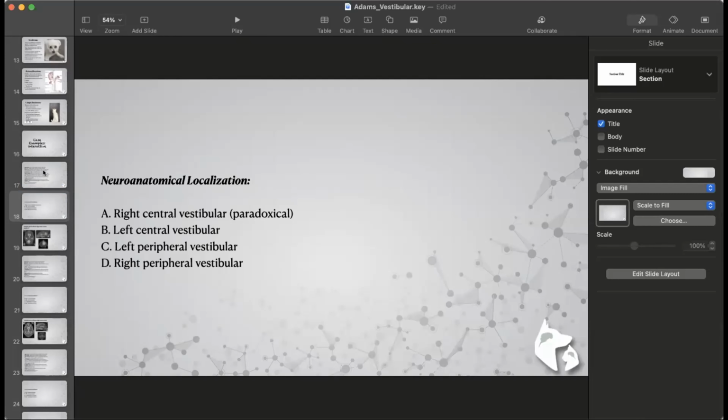All right, I have a vote for right peripheral. I have a left central, right central vestibular, paradoxical. Do 30 more seconds and then we'll move on. Another vote for A.